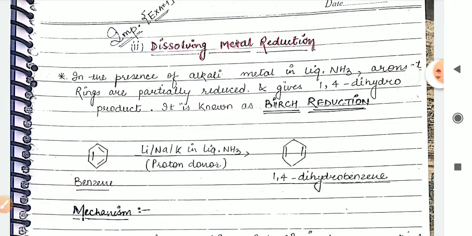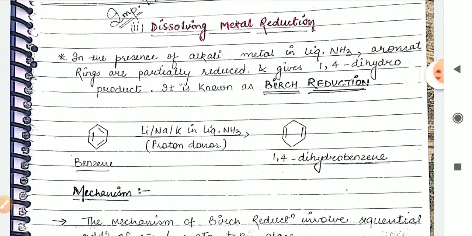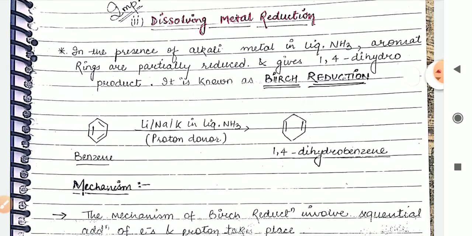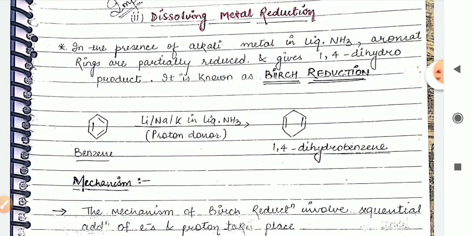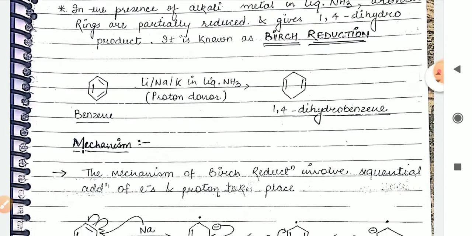In the presence of an alkali metal in liquid ammonia, aromatic rings are partially reduced to give a 1,4-dihydro product. It is known as Birch reduction. So here you can see this is benzene.